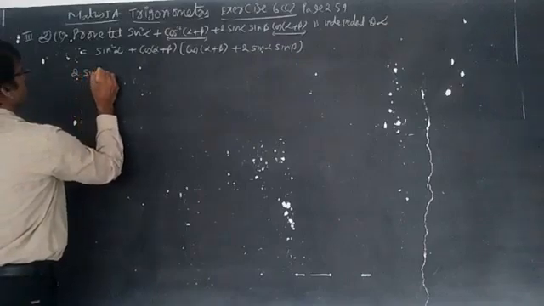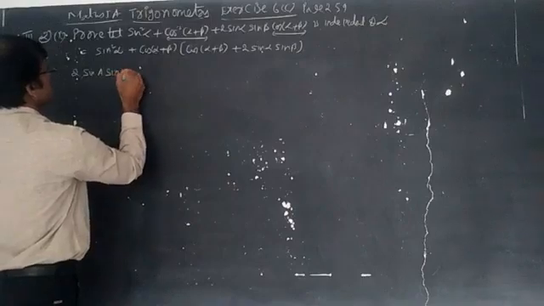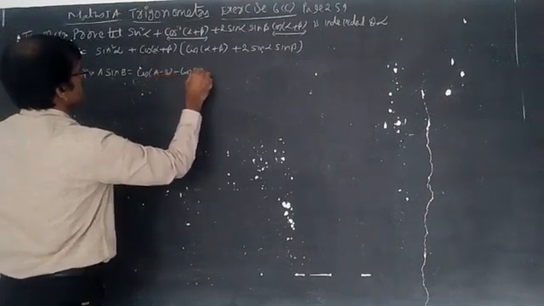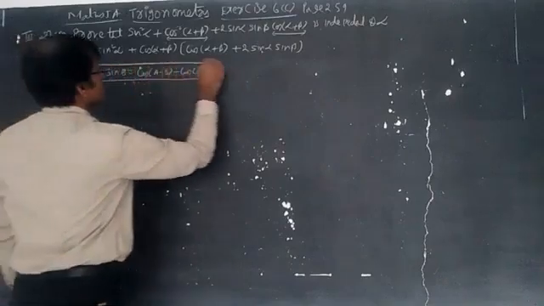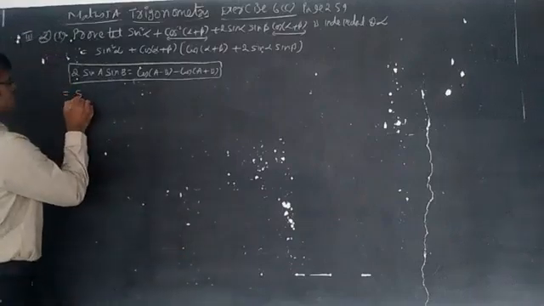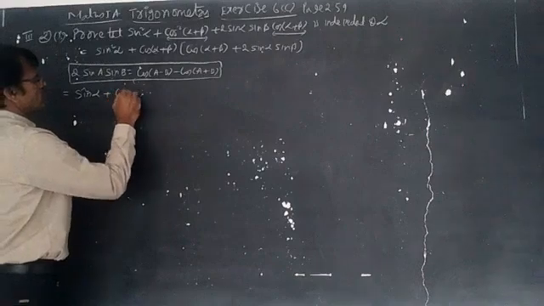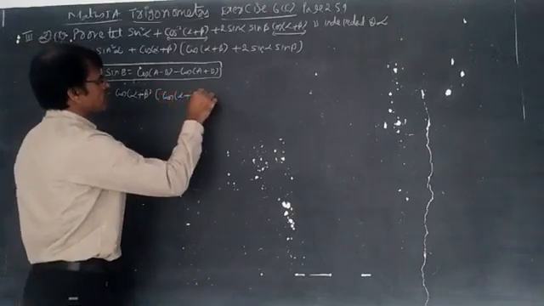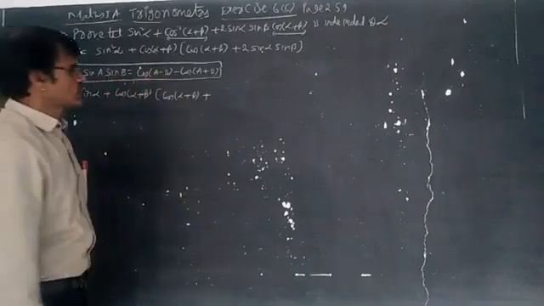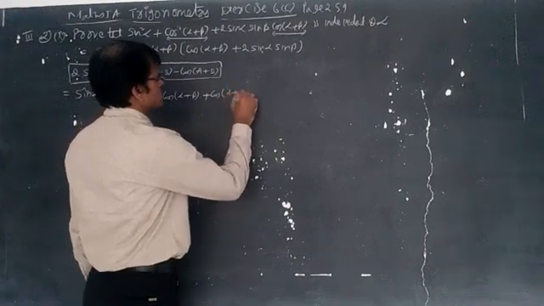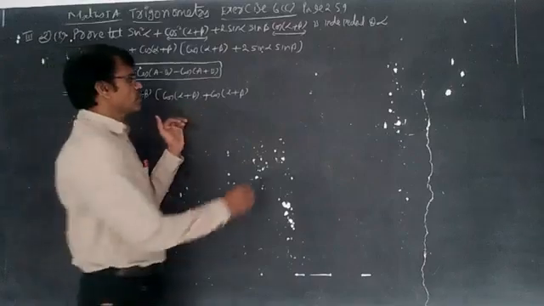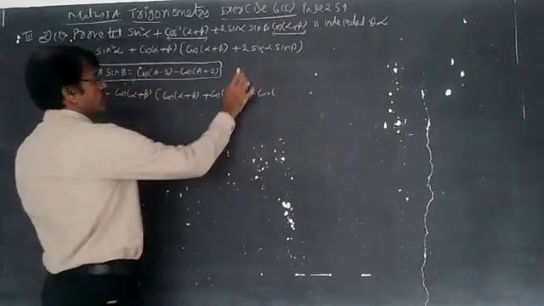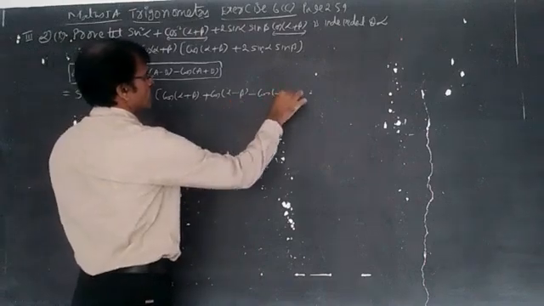You remember the formula 2 sin A sin B; I said the transformations today. 2 sin A sin B formula is cos of A minus B minus cos of A plus B. So that is equal to sin square alpha plus cos of alpha plus beta into cos of alpha plus beta plus 2 sin alpha sin beta, which is cos of alpha minus beta minus cos of alpha plus beta, into cos of alpha plus beta.